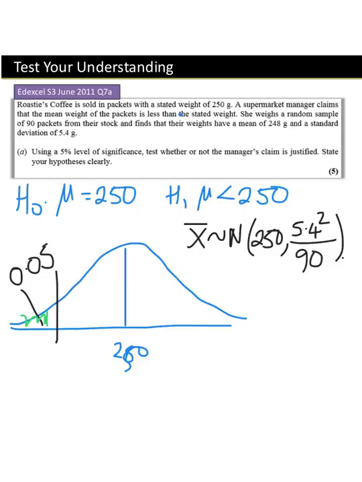And that would give us a critical value of 249. Right, so testing at the 5% level of significance, she said her mean weight was 248 in her sample.